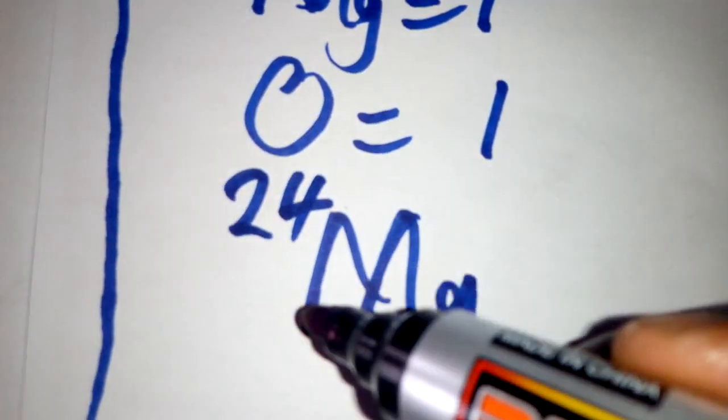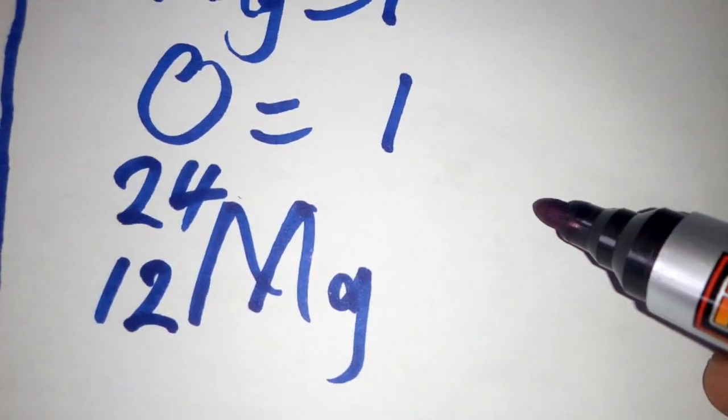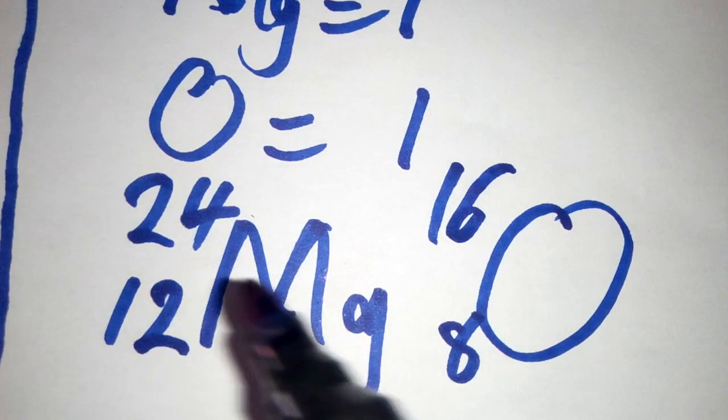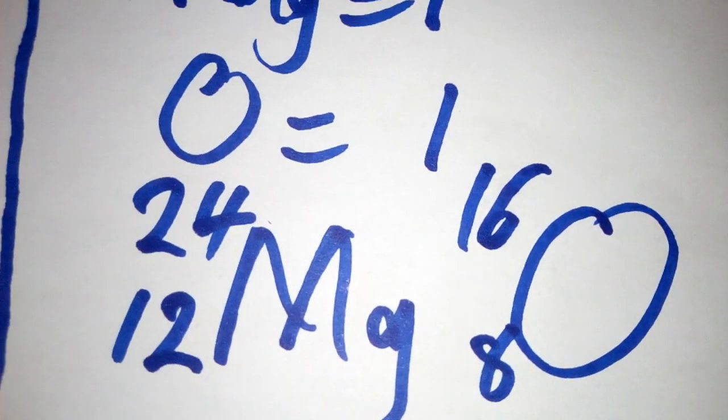What of the notation? If I look at the notation of magnesium, Mg, here is 24 and 12. Meaning the mass is 24. If I look at oxygen, which we already know, this is 16 and 8. The mass of magnesium is 24, the mass of oxygen is 16.